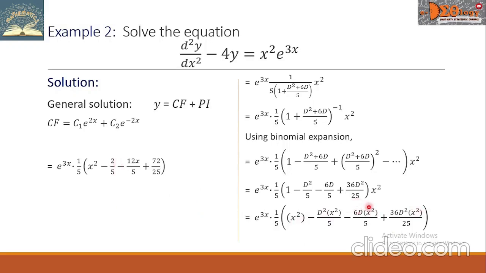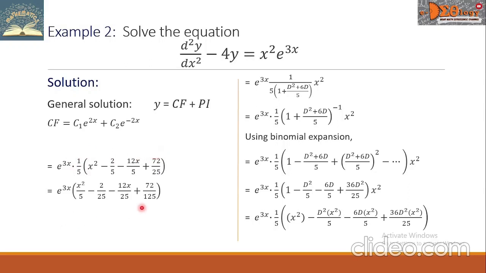The derivative of x squared is 2x, and 2x times 6 we will get 12x. This D squared of x squared means the second derivative of x squared, that is 2 multiplied by 36, we get 72. Next thing to do here, this 1/5 we will multiply to each of the terms inside the grouping symbol.